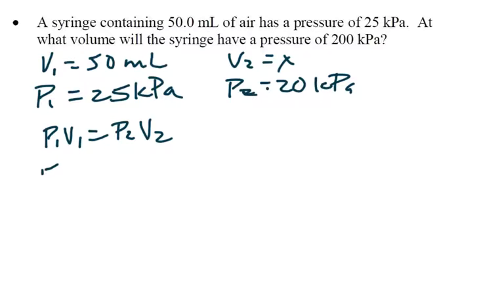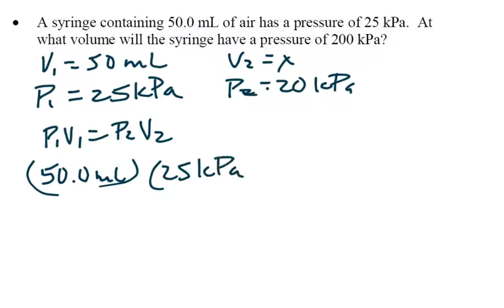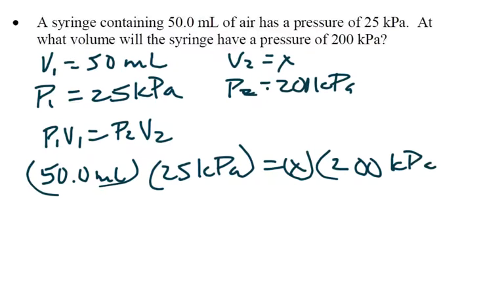Substituting in, 50 milliliters times 25 kilopascals is equal to X times 200 kilopascals.